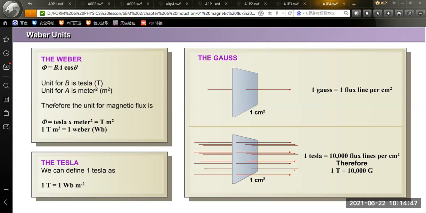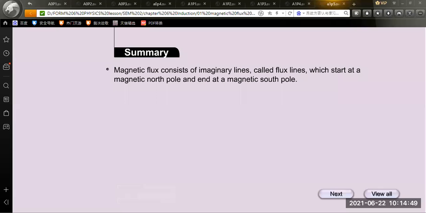As a summary, we can say that magnetic flux consists of imaginary lines called flux lines, which start at a magnetic north pole and end at a magnetic south pole.